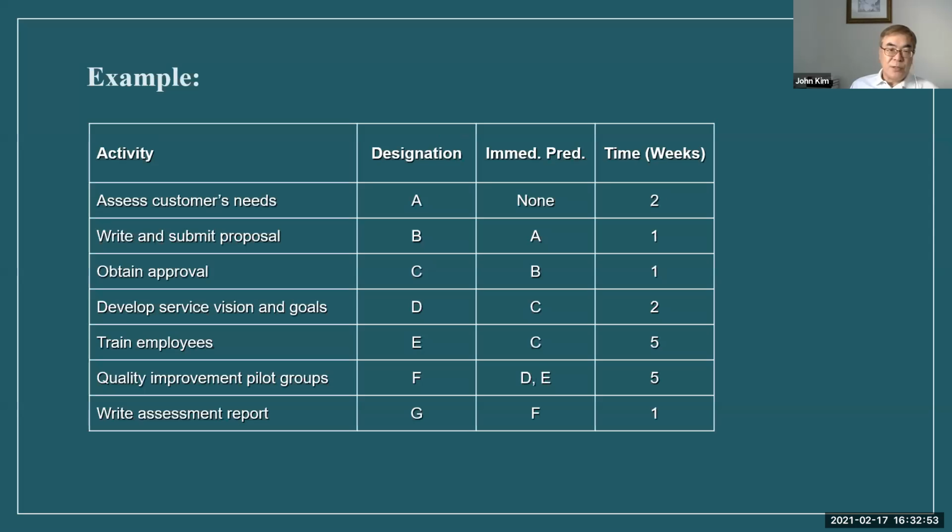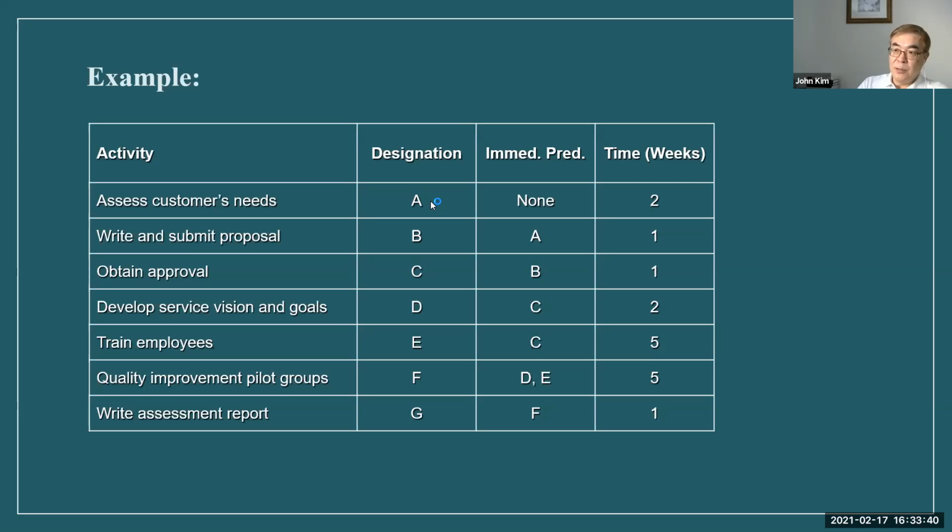Example: this project consists of seven activities. Each activity has a designation: A, B, C, D, and so on. The next column is the immediate predecessor. Activity A doesn't have an immediate predecessor, which means A is the starting point of this project.